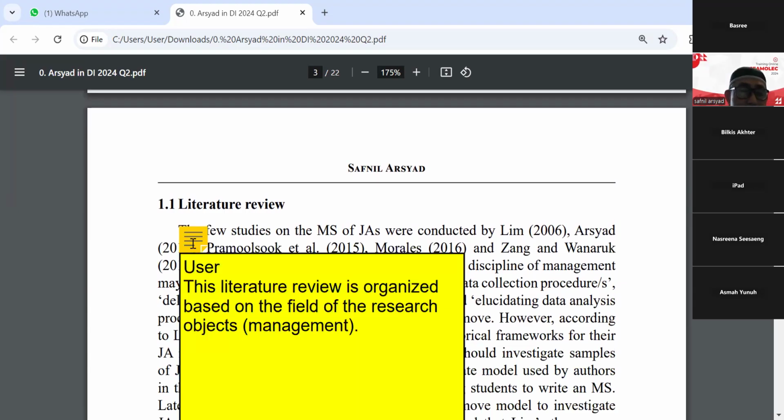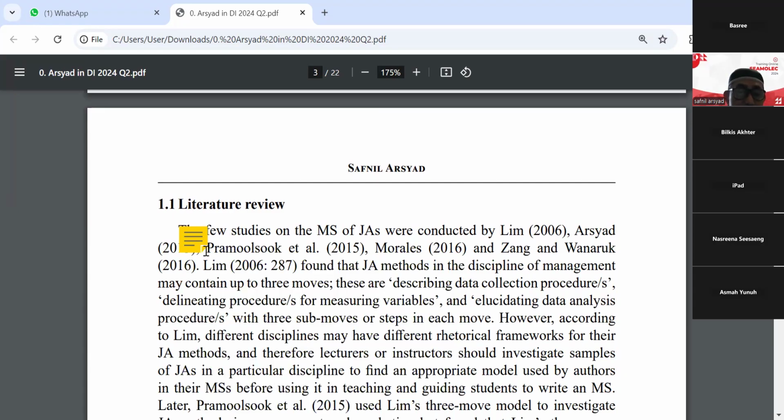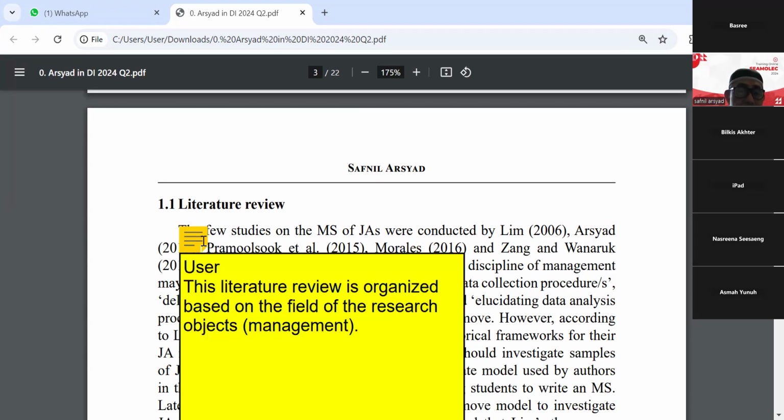Here, at the beginning of the literature review, the author organized the review based on the field of the research object.